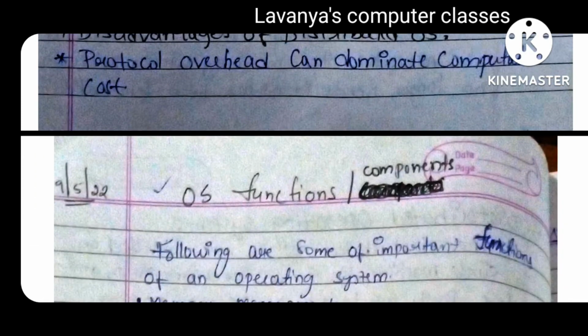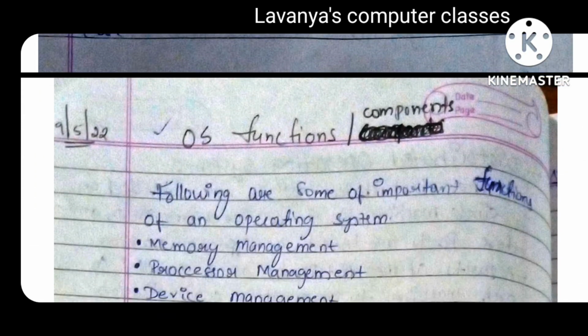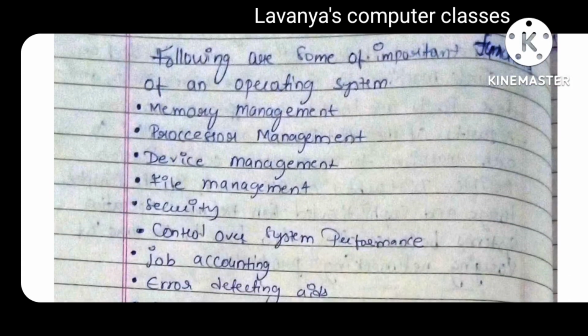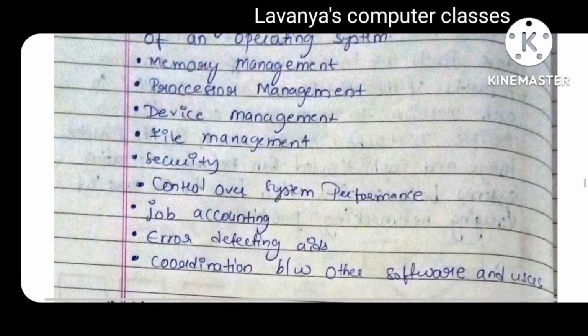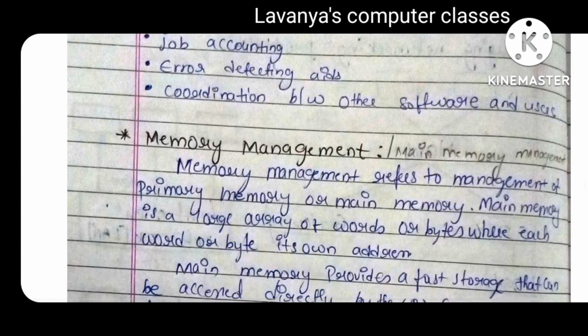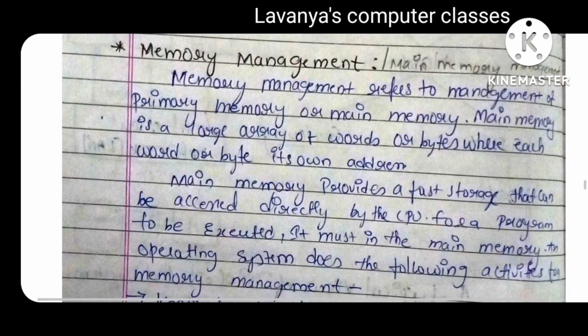Next, functions or components of OS. The first one I also gave: memory management, processor management, device management, all the functions, and these are the explanation of all the functions.